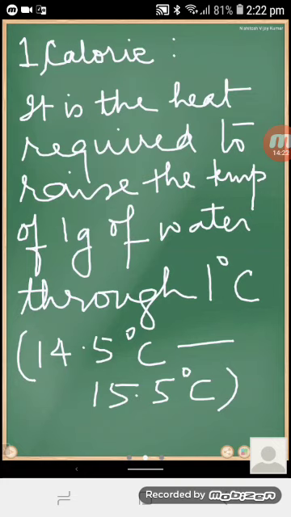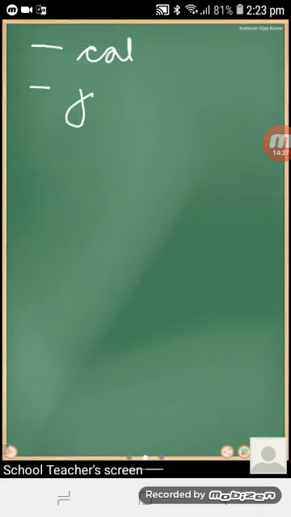Now we have the higher units of the calorie and lower units of the calorie. We have calorie as a unit, and we have joule also as a unit. This is your SI unit, whereas the upper one is your simple unit. So there should be a conversion factor.